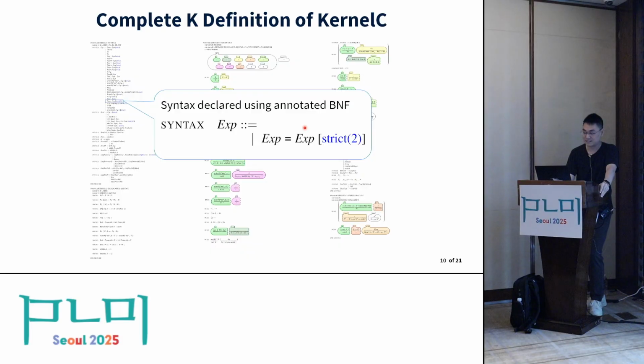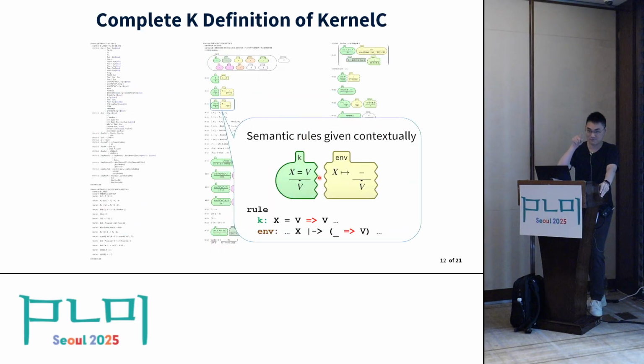When you evaluate an assignment, you want to evaluate the right value first, which means that before you get to this rule, you will get to the rule that tells you how to evaluate x++. And in that rule, the side effect takes place, because to evaluate x++, you need to find where the x value is and update it. Then you get a value and do this assignment. So basically, side effects are also defined as rewrite rules.